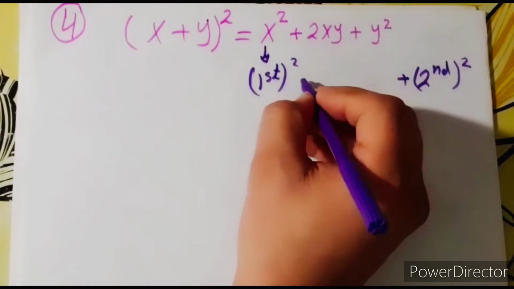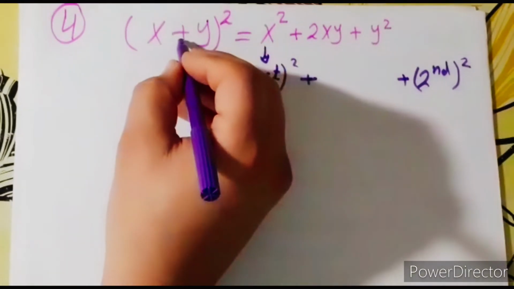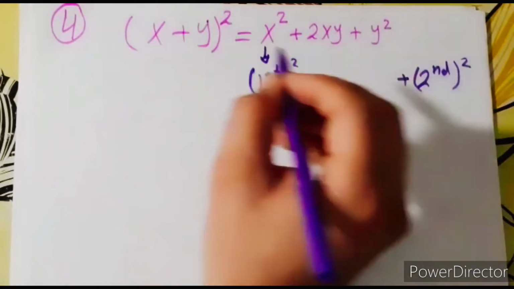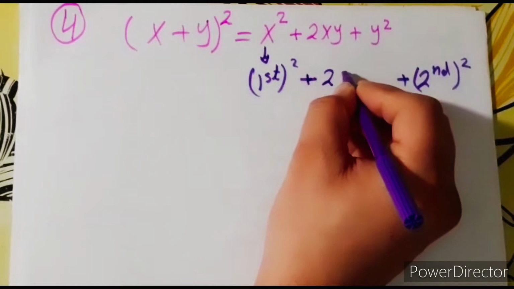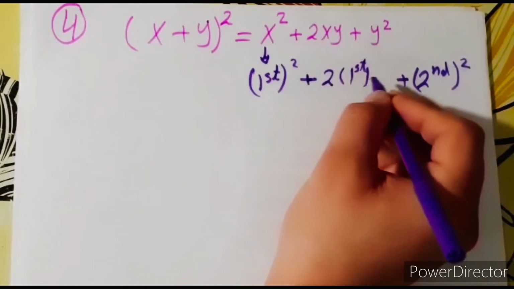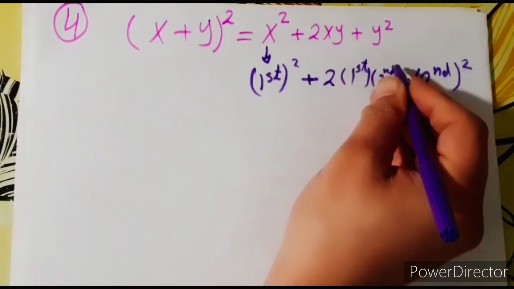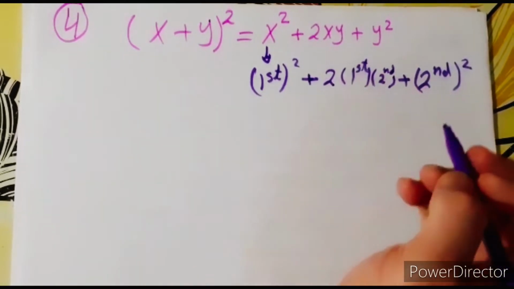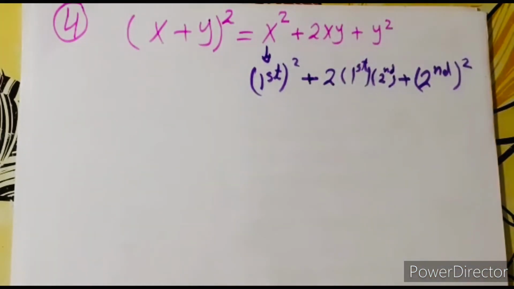The middle term is plus or minus according to the sign. Here plus, write plus. 2 multiply first, multiply second. Okay, again: first power 2 plus 2 multiply first multiply second plus second power 2.